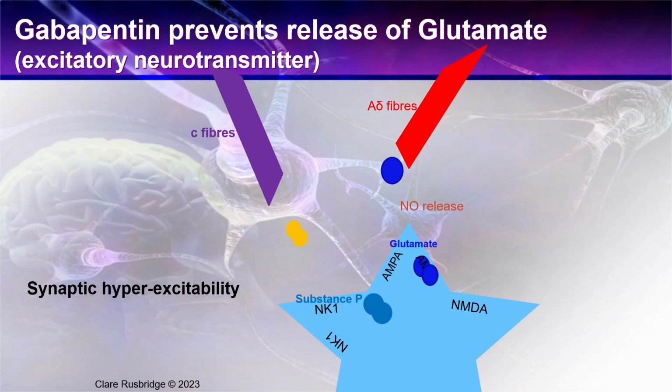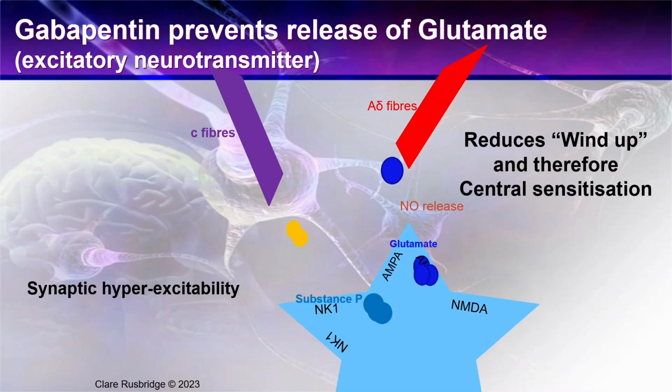Therefore, if you have a substance which will stop the release of glutamate by acting at this site, then it will stop that wind up and therefore reduce that central sensitization, which is involved in receiving pain impulses, but absolutely paramount in the development of neuropathic pain.